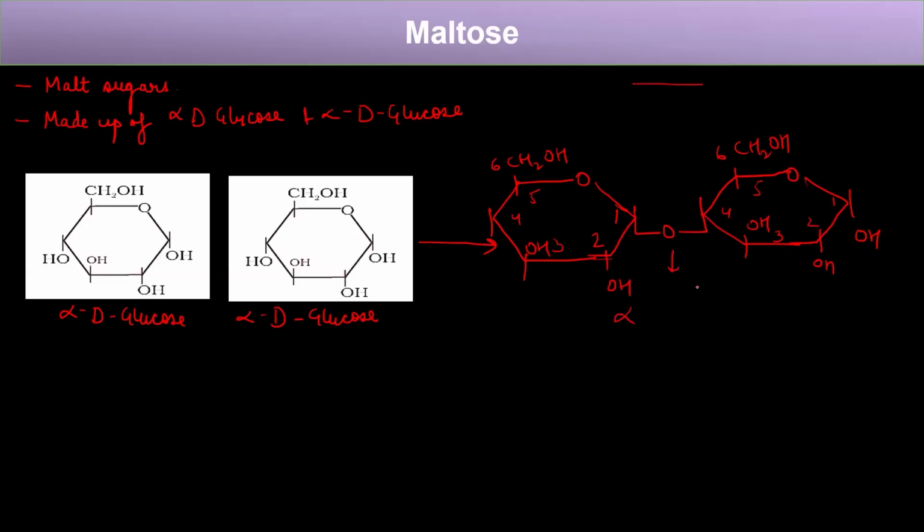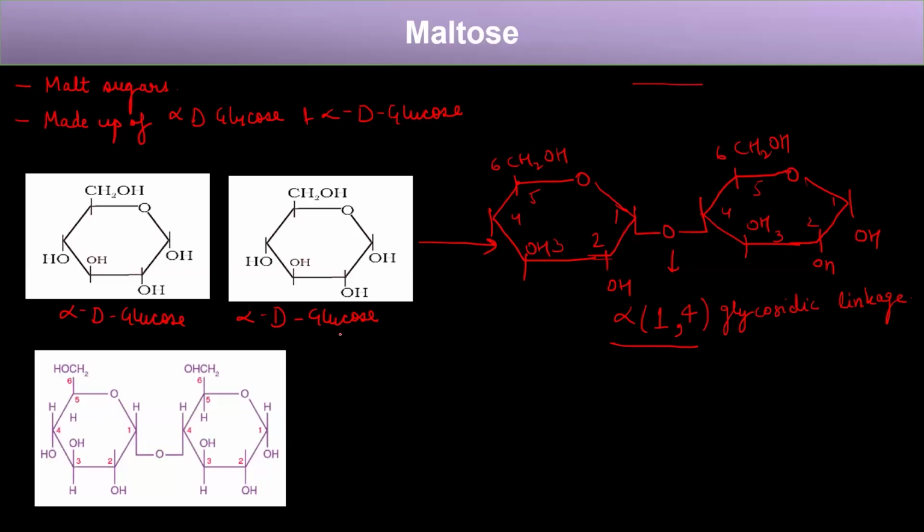Alpha linkage, right? And the second thing, what carbon molecules are involved? Of the first glucose, the first carbon is involved, and of the second glucose, the fourth carbon is involved. Hence, it becomes alpha 1,4 glycosidic linkage. So in case of maltose, the linkage we have is alpha 1,4 linkage, right?